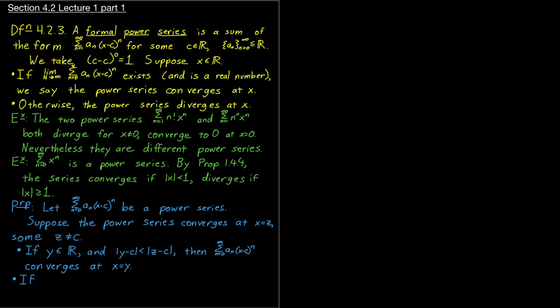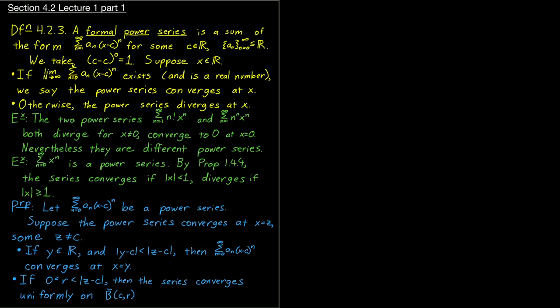If R is a positive real number that's less than the distance from z to c, then the series converges uniformly on this set that I'm going to write 3 different ways.